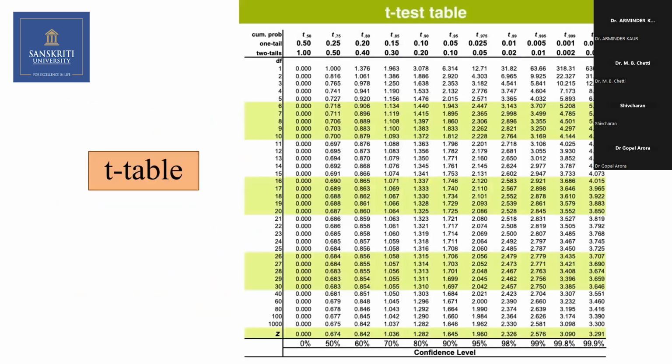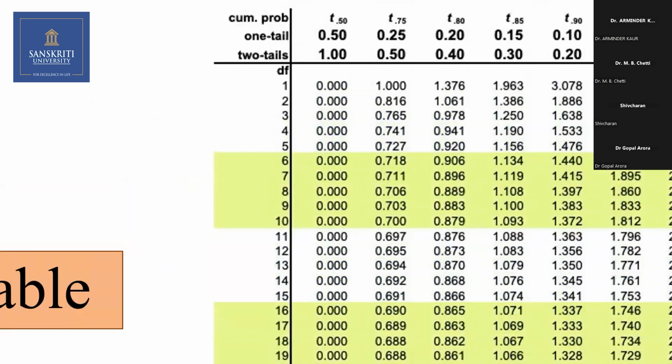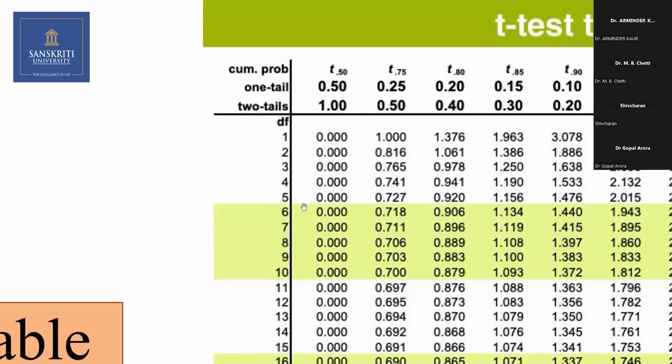Now, this is the t table. It is two-tailed. You can just see here.